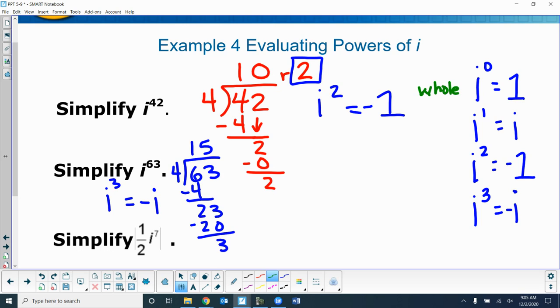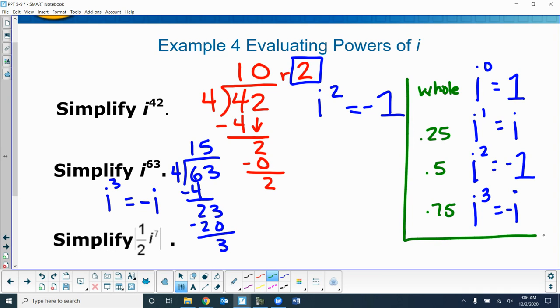It was 16, no remainder. If it was a remainder of 2, it's 0.5 because it's 2/4. If it's a remainder of 1, it's 1/4, which is what decimal? You should know this. If it's a remainder of 3, it's 3/4, which is what decimal? 0.75.